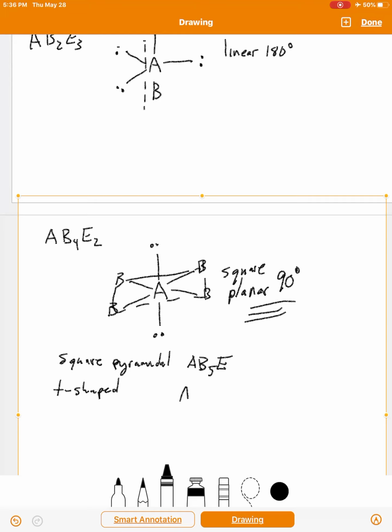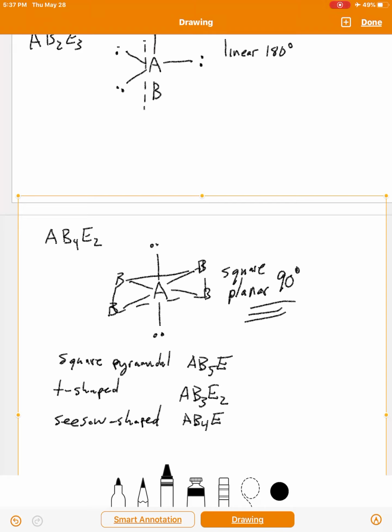That's the case where you have 3 surrounding atoms and 2 lone pairs. 3 surrounding atoms, not 4, but 3. And then another one is called the seesaw shaped. Fun names, right? This is the case where you have 4 surrounding atoms and 1 lone pair. So the number of lone pairs on the central atom affects the shapes of these molecules.